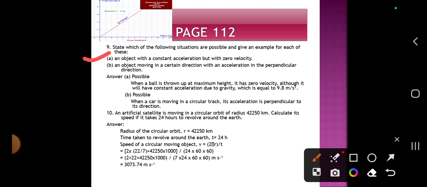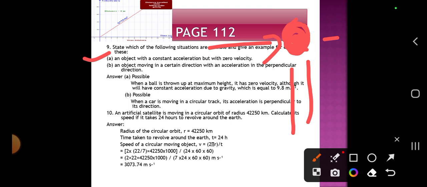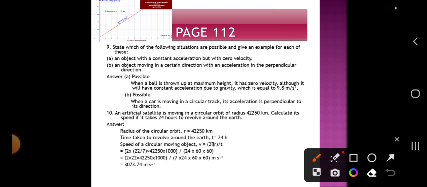When you throw a ball upward, at the maximum height it has zero velocity. When it reaches here, it is at rest, that is zero velocity. But it will have acceleration, as we know that this is gravity. So gravity gives constant acceleration, that is 9.8 meter per second square.